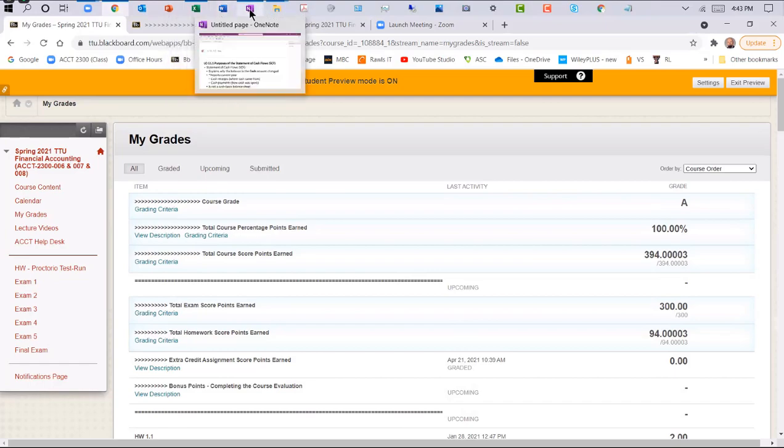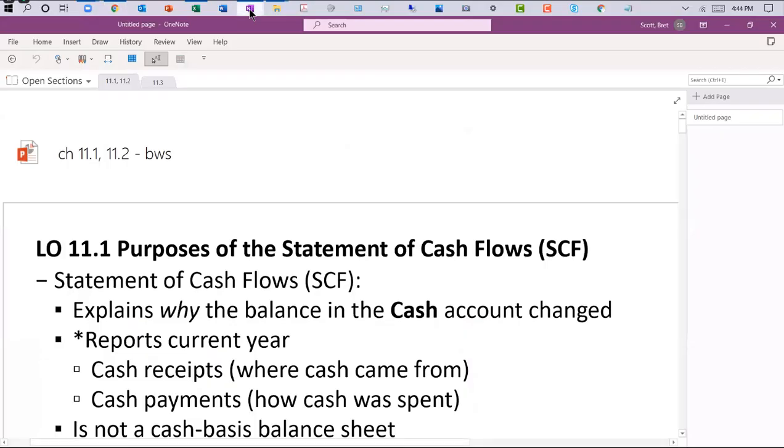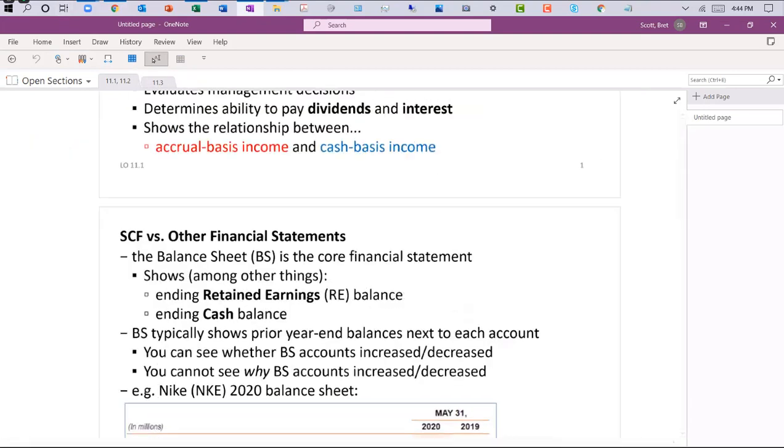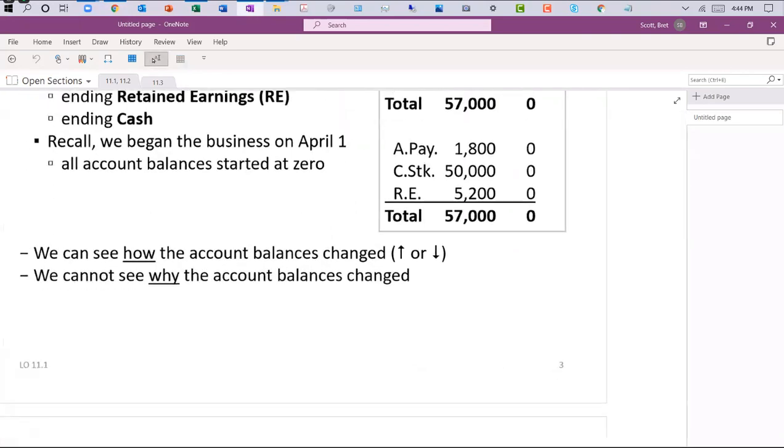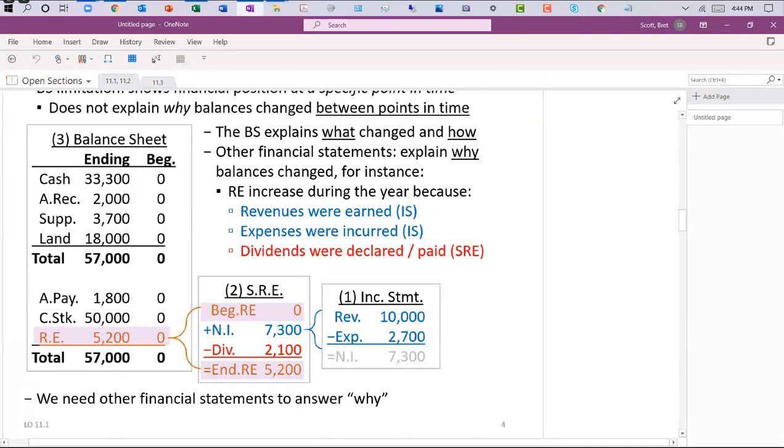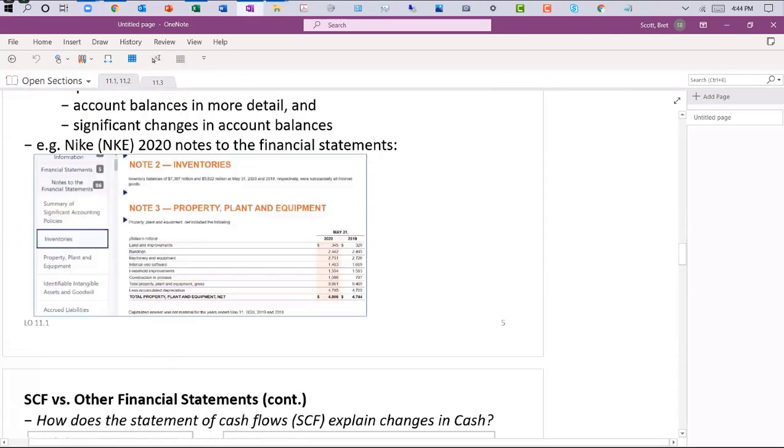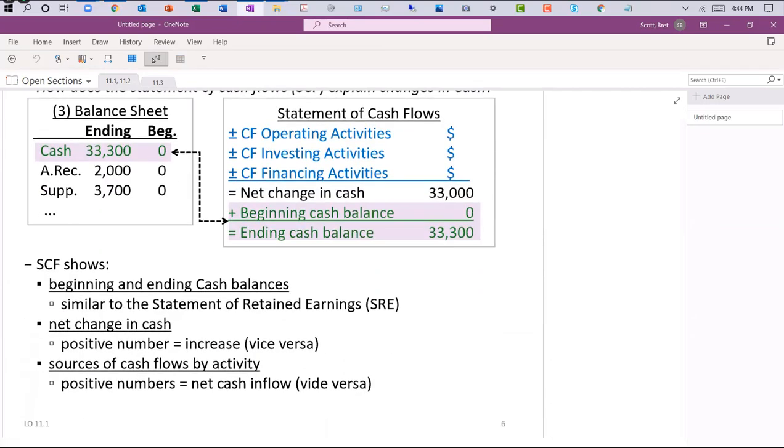So without any further ado, let's go into chapter 11 again. We left off talking about, among other things, the statement of cash flows from a theoretical standpoint. We need to make sure that we understand what to expect on the statement of cash flows.